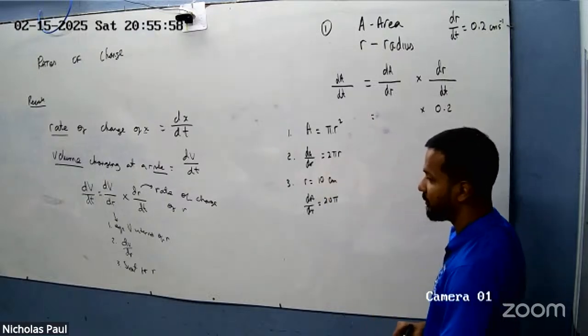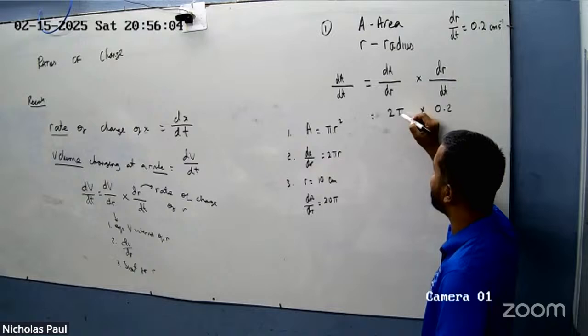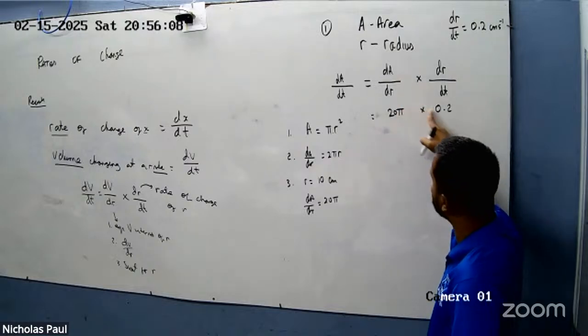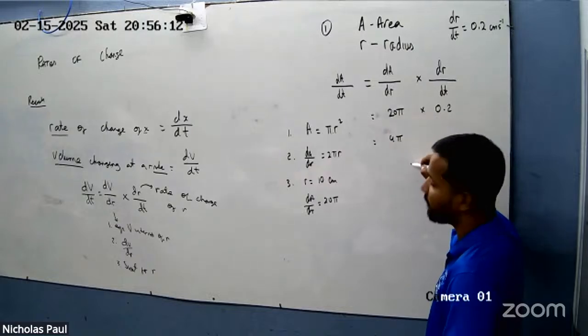Therefore we have 20 pi for dA/dr. Put it in here now, multiplied by 0.2. So that's 4 pi.